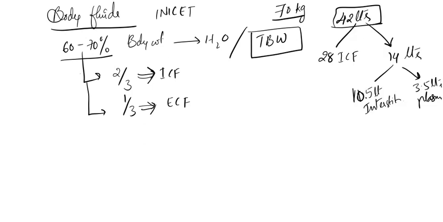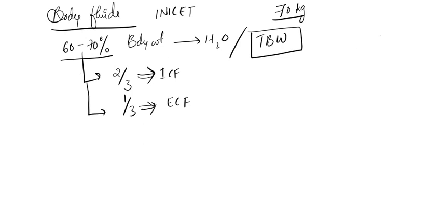In 14 liters of ECF, 10.5 liters is interstitial fluid and 3.5 liters is plasma. Now 1/3 is ECF, and in this total of ECF, 25% is plasma. We already noted it.